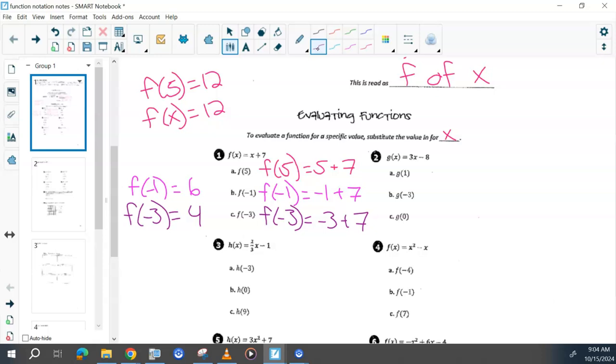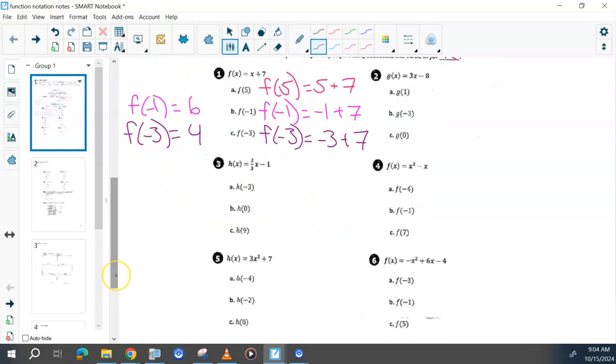Okay, so in 3, we're going to do the same thing. I'm not going to rewrite this part because it's already there. I'm just going to put equals. But then I'm going to put the negative 3 in for x. So 2/3 times negative 3 minus 1.